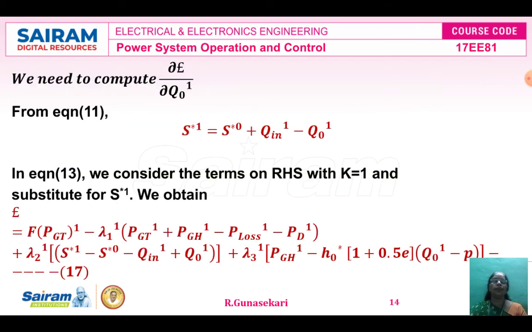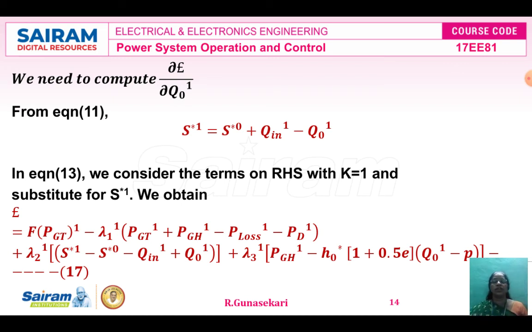Now we have to compute ∂L/∂q01, that is the dependent variable. Therefore, from equation 11, s*1 equals s*0 plus qin1 minus q0k, that is, for k equal to 1, this is the equation.